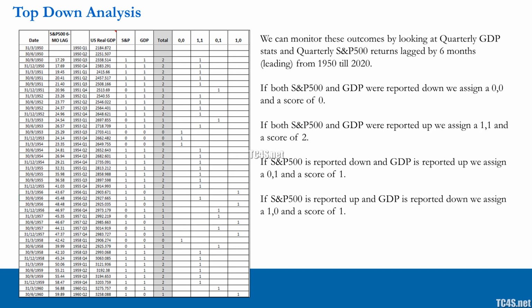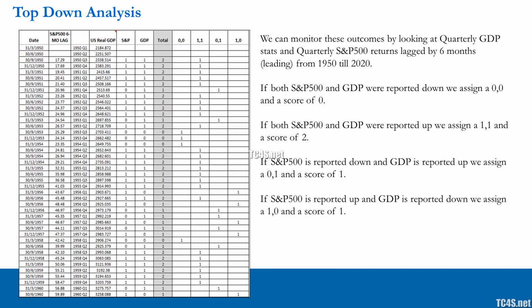Okay, if the S&P 500 is reported down and GDP is reported up, we assign a 0-1 score, okay? And if the S&P 500 is reported up and GDP is reported down, we assign a score of 1-0. So let's run through a quick example.